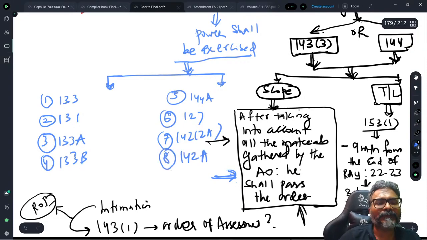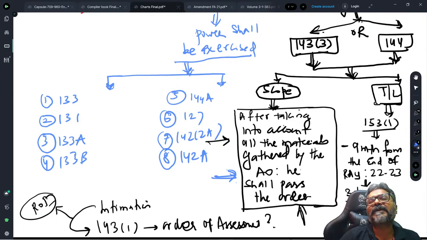These are the powers available to the assessing officer, exercising which the assessing officer is going to collect the materials. Based on the materials, the assessing officer is going to pass the order of assessment, and that is exactly what these sections are all about.